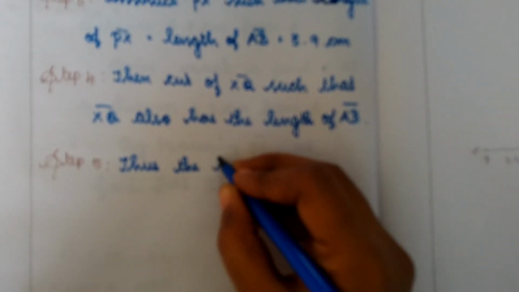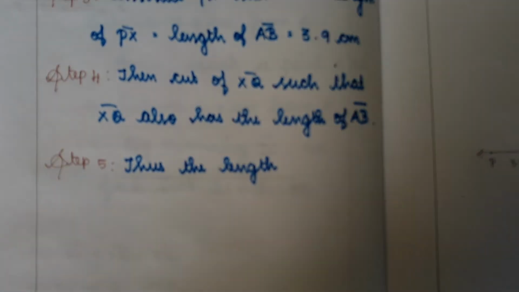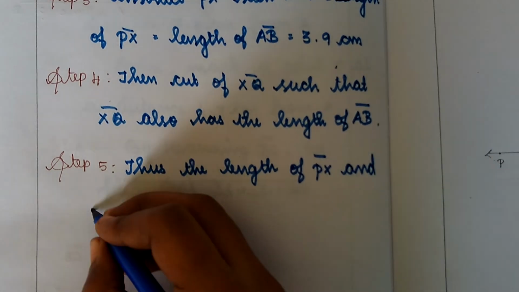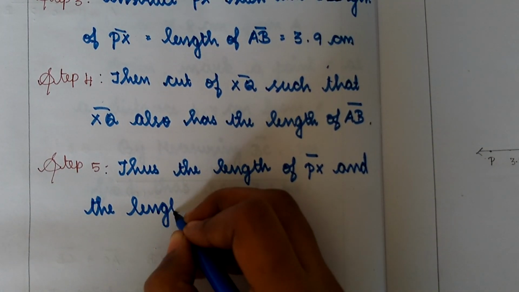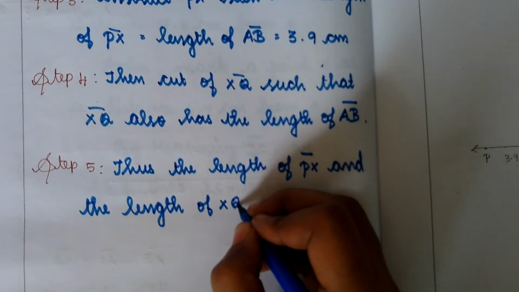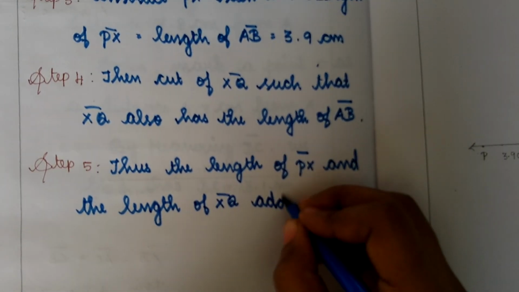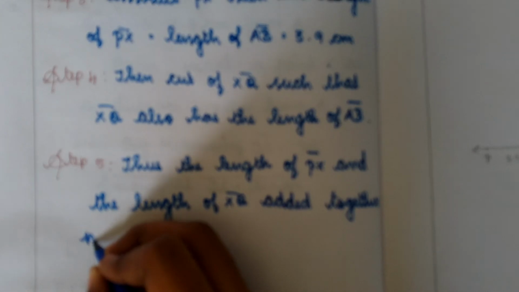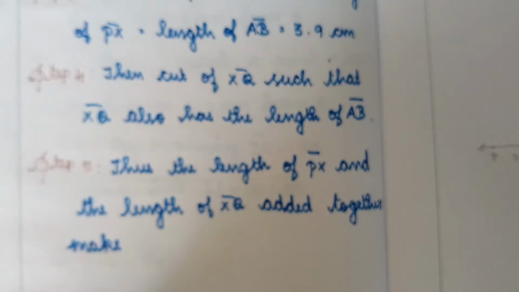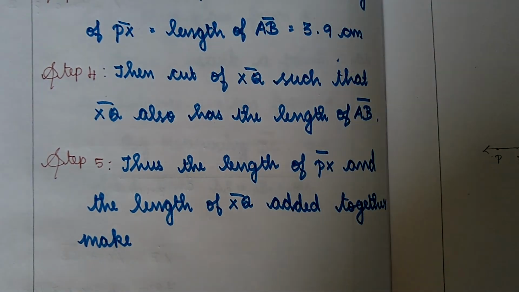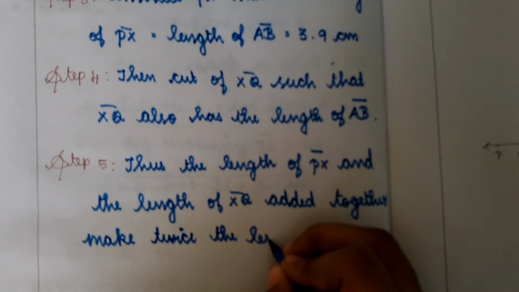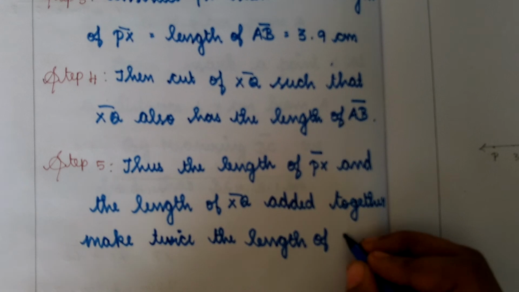Thus the length of line segment PX and the length of line segment XQ added together make twice the length of line segment AB.